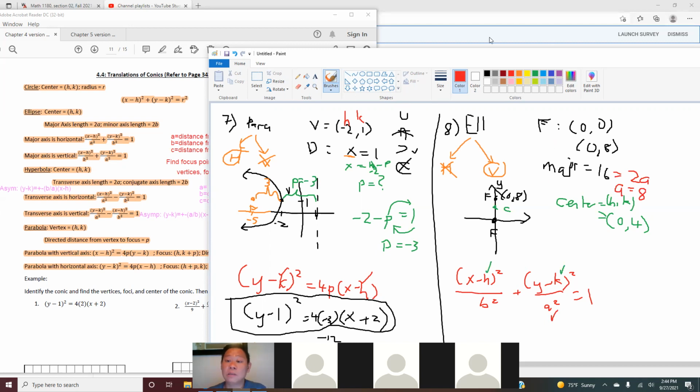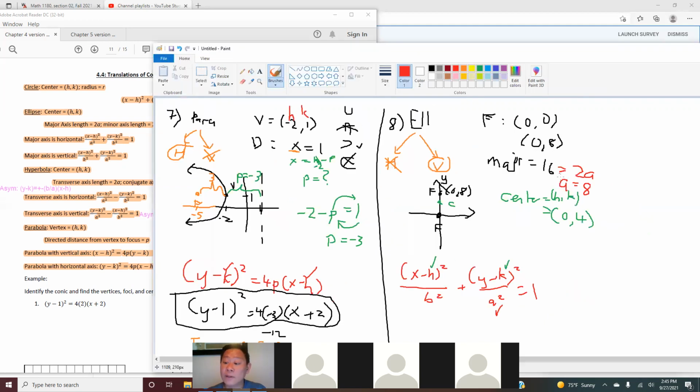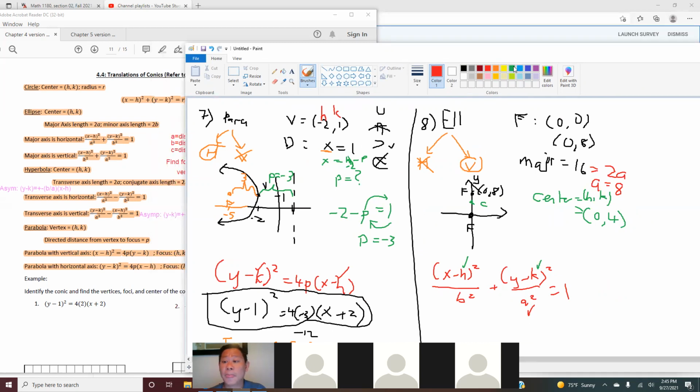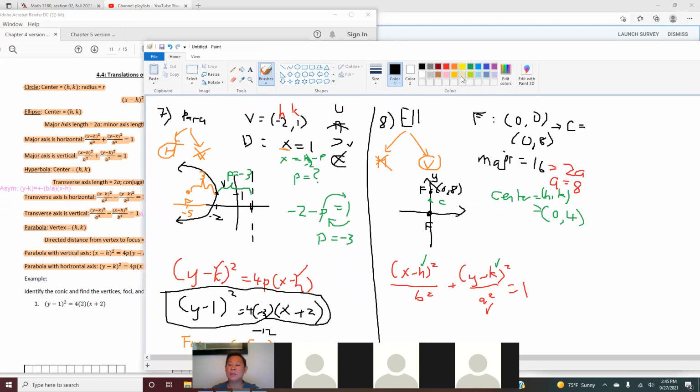Unfortunately, the question doesn't give us b. They give us a. Can someone tell me what variable we use for foci? That will be c. So what is c in this case? It's the distance from the center to the foci.